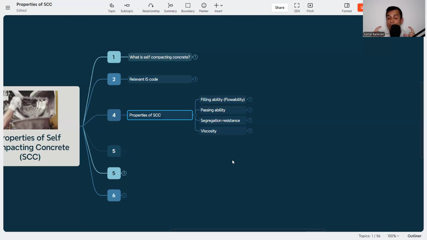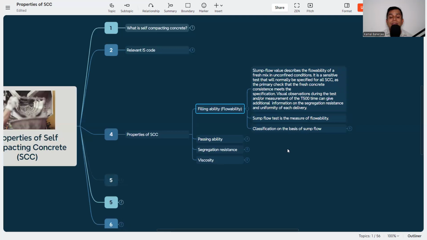Passing ability means it should pass in between the reinforcement, because we have reinforcement whenever we are doing the concrete, and it should flow without any obstruction from the reinforcement. Then the segregation, there should be no segregation. And viscosity, that is a main property of self-compacting concrete, that it is a viscous material, but that is also a very twisted one. I will come to it later.